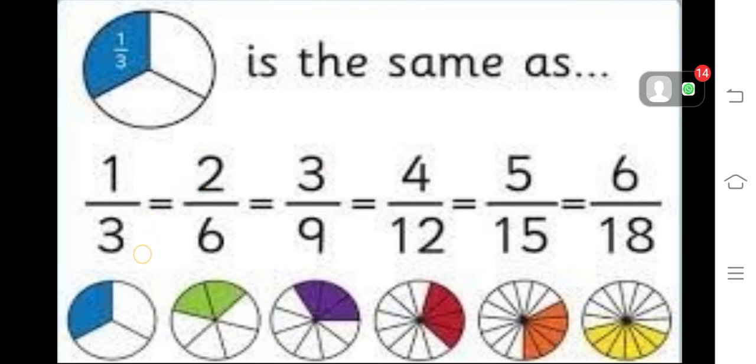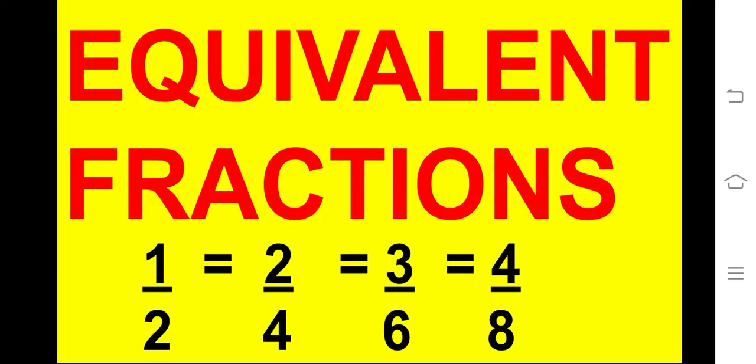Same, multiply by 3, 3 3s are 9. Correct? Next we'll take 4. 4 1s are 4. 4 3s are 12. Next, 5 1s are 5. 5 3s are 15. Next number 6. 6 1s are 6. 6 3s are 18. So all these are equal fractions.